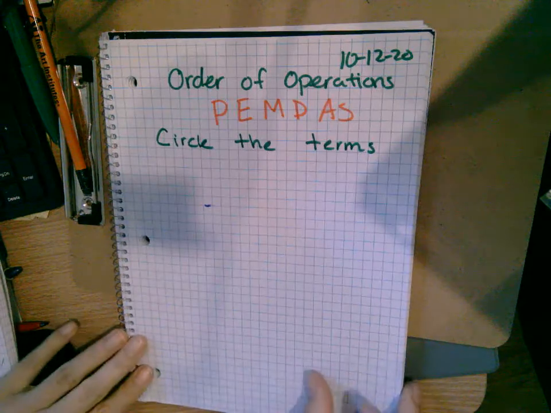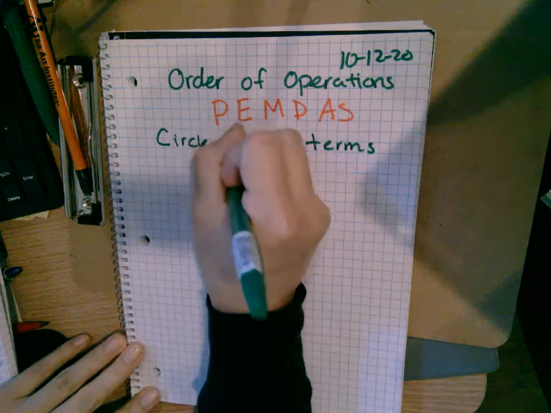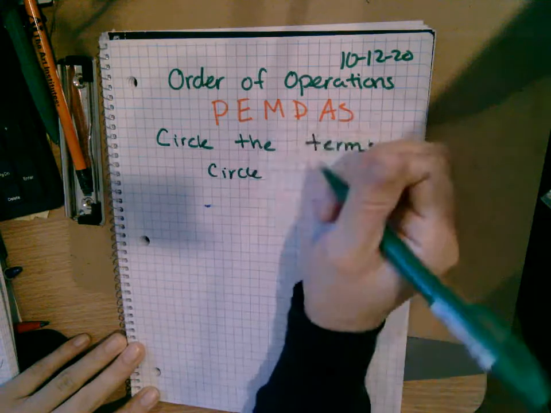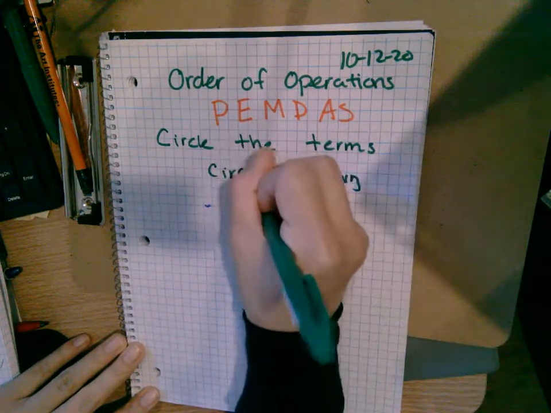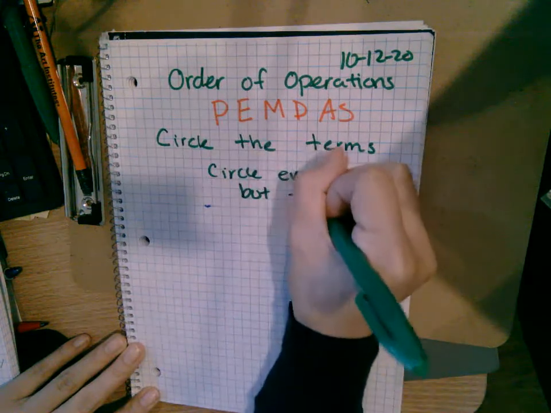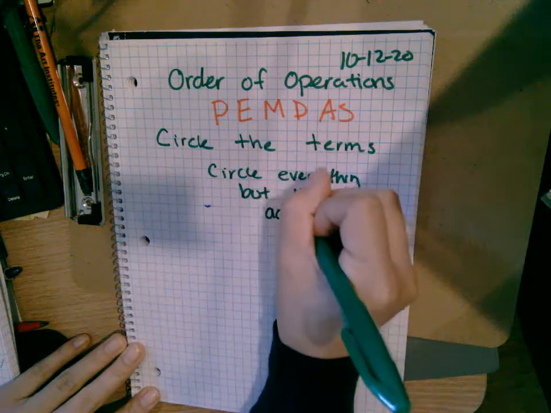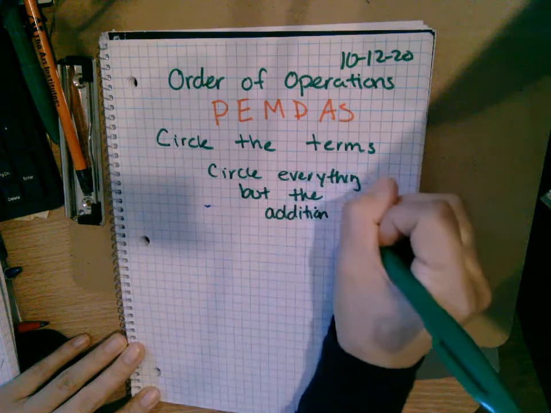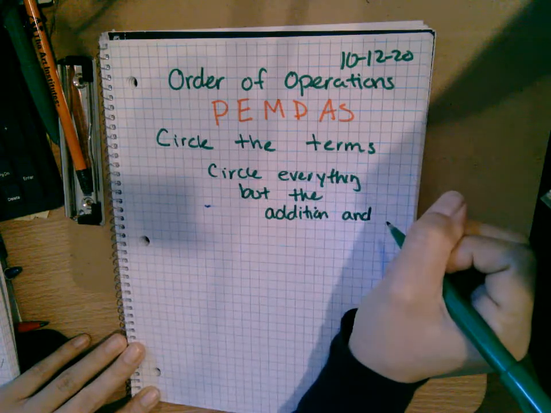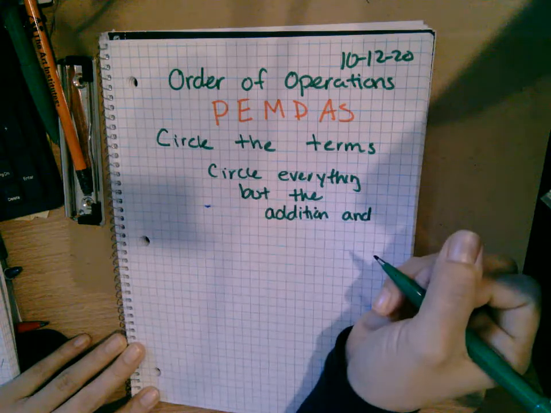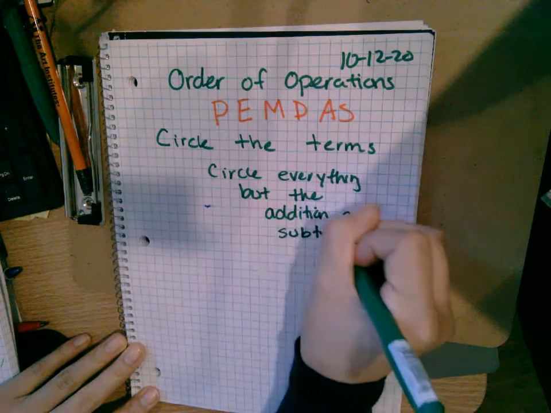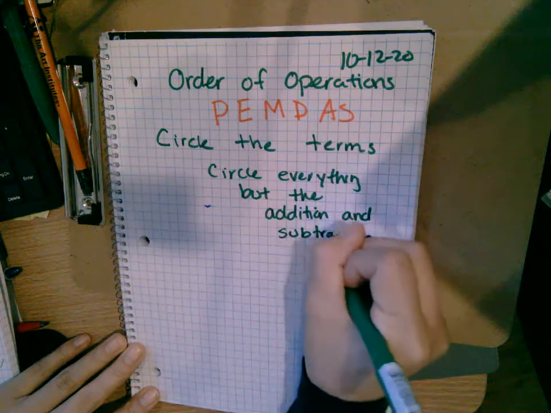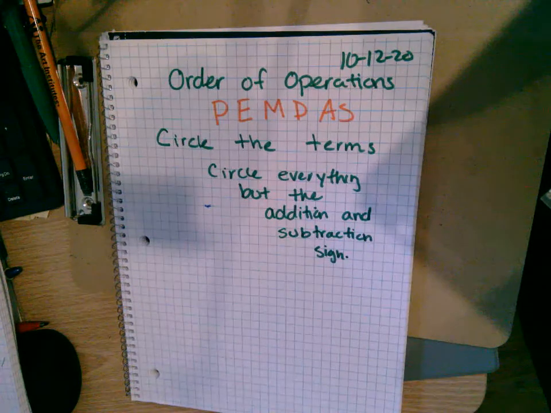And what we do is we circle everything but the addition and the subtraction sign.